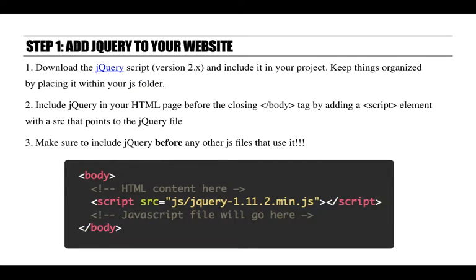You can either download it and have it locally stored on your computer, or you can use a CDN, so Content Distribution Network. That's like what I showed you last class with Google. They're going to host jQuery for you, and then you just have to link it to your website.